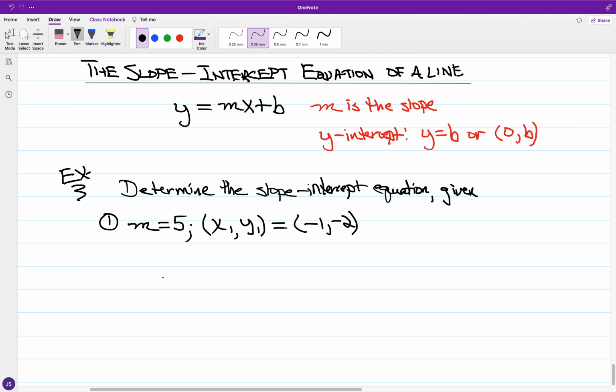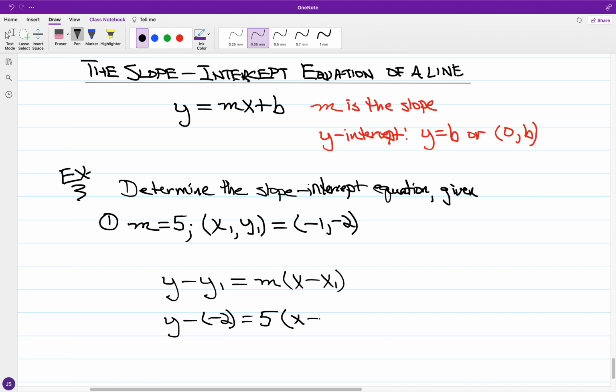Now, in terms of the point-slope equation setup, again, we have y minus y1 is equal to the slope m times the quantity x minus x1. So looking at y minus y1, we have y minus -2. The slope m is 5.